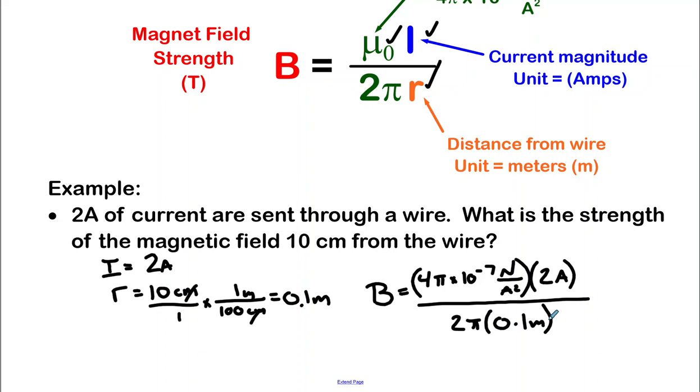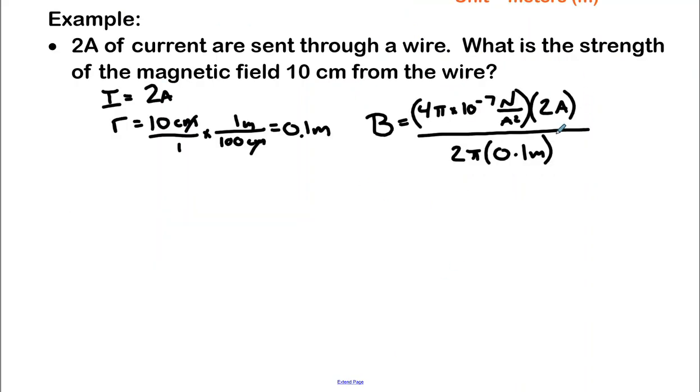Okay, units will cancel on this, but we haven't gotten quite into what a newton is and an amp and those sorts of things. But if we did get into those, you would see that these would cancel and we would be only left with Teslas as our unit. So now all that's left is to put this into our calculator and see what we get.